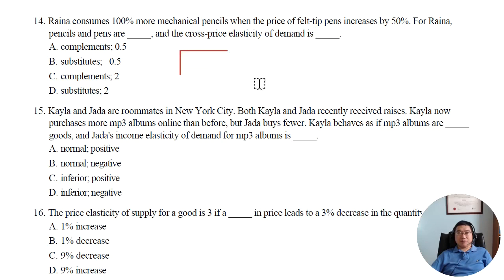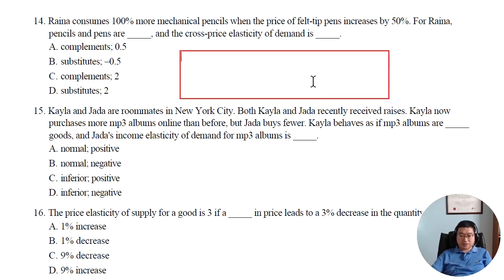We are now going back to the calculation of cross price elasticity of demand. Still, it's the percentage change in quantity, but now it should be what? For the mechanical pencil, that's what we're talking about. So it's the percentage change in quantity of the mechanical pencil divided by the percentage change in the price of the felt tip pens.